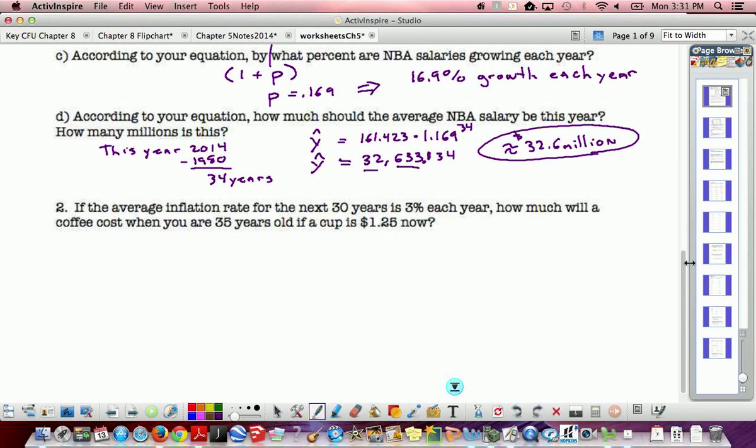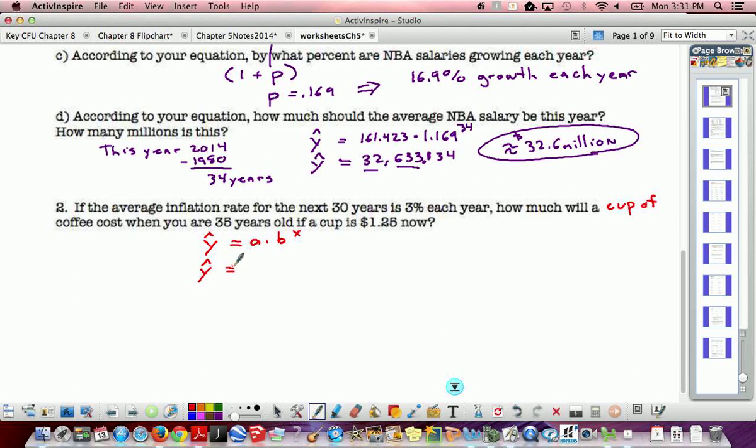Number 2, if the average inflation rate for the next 30 years is 3% each year, how much will a cup of coffee cost when you are 35 years old if a cup is $1.25 now? So we're going to use this equation, y hat equals a times b to the x.